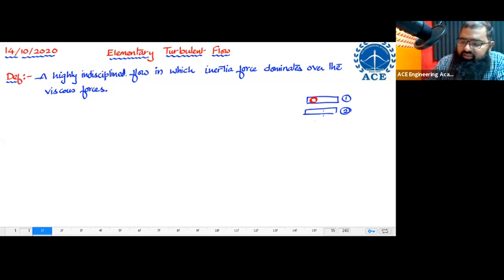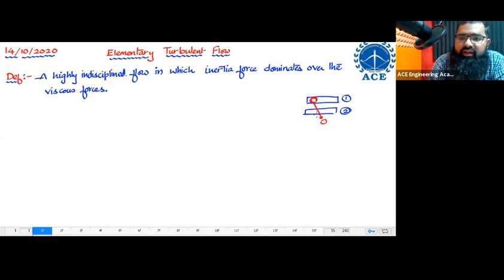But in turbulent flow, this particle tries to leave its layer and go into some other layer. Let us say it is leaving the layer, going over here. So the first thing that happens is the viscous forces are very weak. Therefore, the fluid particles will try to move from one layer to another.